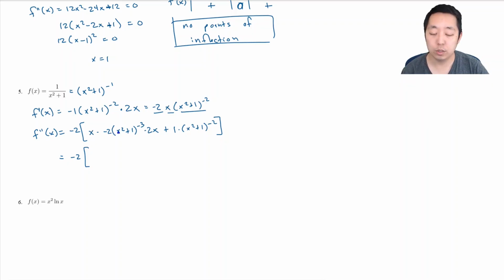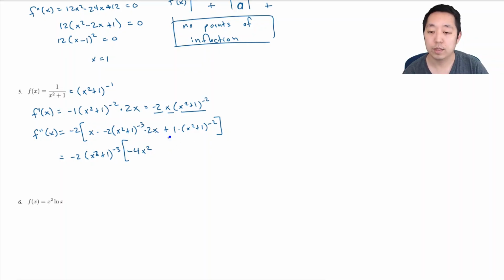I already have a negative 2 out here, and what I'm going to do is pull out an x squared plus 1 term. And remember with my factoring, I always pull out the smaller exponent. Negative 3 is smaller than negative 2, so I pulled that out. What I'm left with for this term is negative 4x squared.